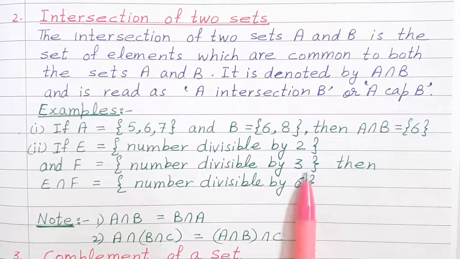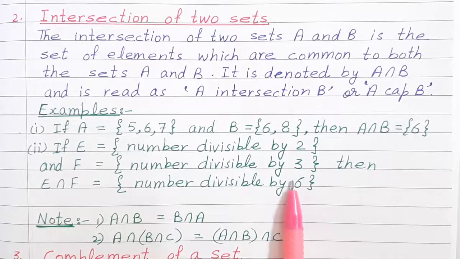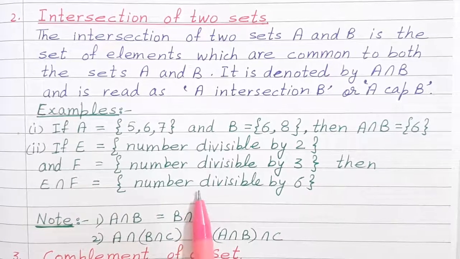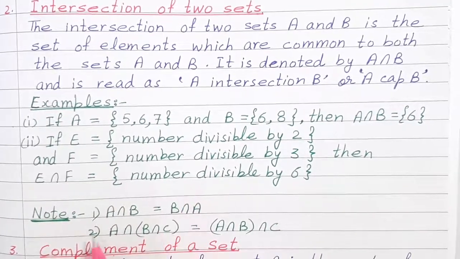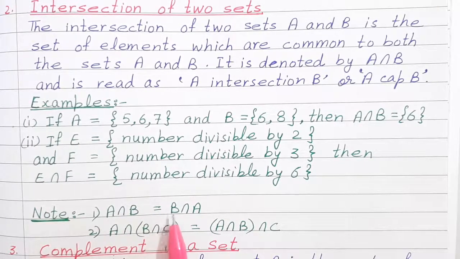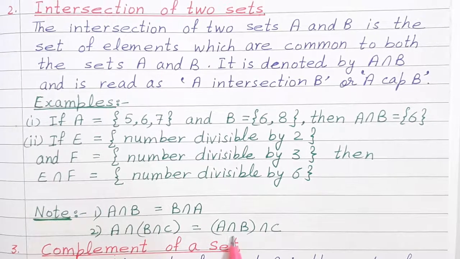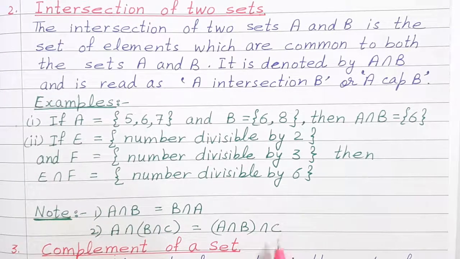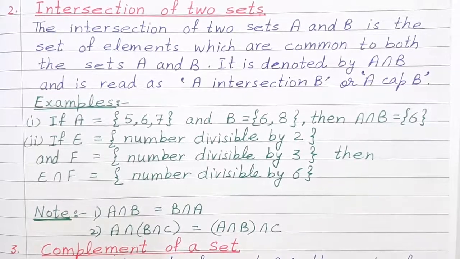So all those numbers which are divisible by 6 will be the intersection. Here children also, A ∩ B is equal to B ∩ A. Similarly, A ∩ (B ∩ C) is equal to (A ∩ B) ∩ C.